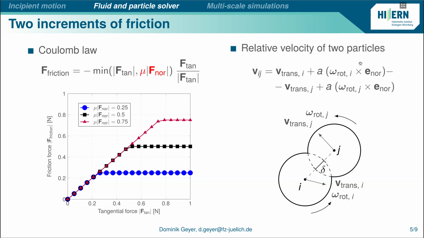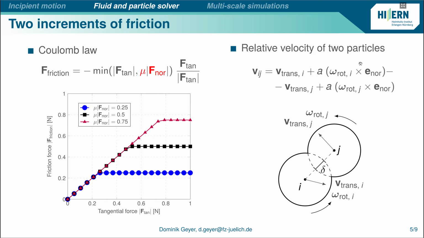And what you can see here is the tangential force increasing, and you see here different normal forces. The Coulomb law says you have a threshold defined by the normal force to get the friction force out. So for the complete tangential force, I have a linear increase of the friction force until the normal force is not strong enough, and then the particle starts moving.